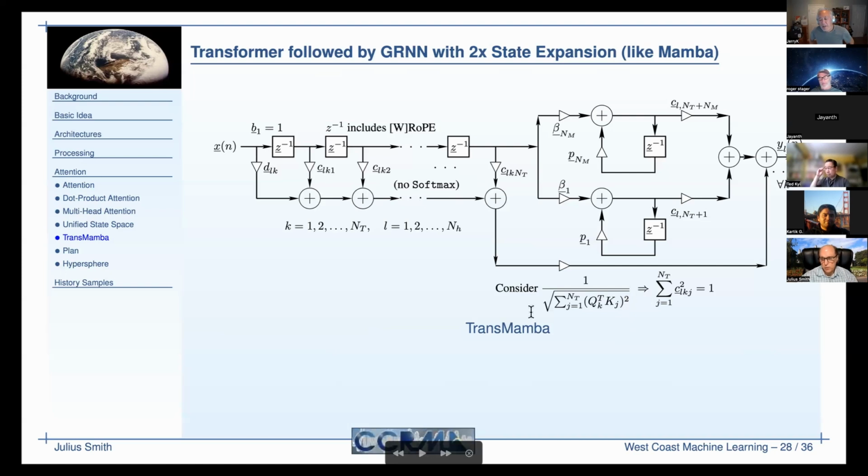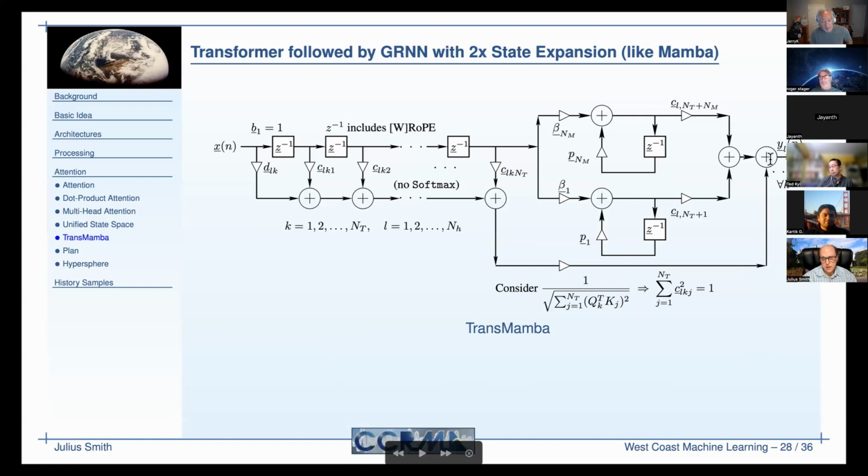So if you just normalize by 1 over the square root of the sum of the query times the key squared, then that's power normalization. That makes the sum of the coefficients squared be 1, and that's the power normalized choice. And so you might not even need an RMS norm after this. You're staying on the hypersphere on average, it's statistical, but if we've got power normalization everywhere, then maybe RMS norm is not even necessary.